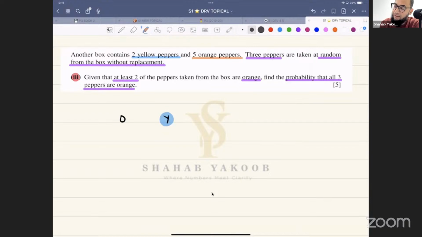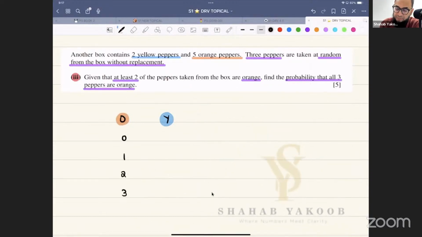Orange is O, and yellow is in blue. We want altogether 3. I can have 0, 1, 2, or 3 orange, and for yellow, this could be 3, 2, 1 and 0.